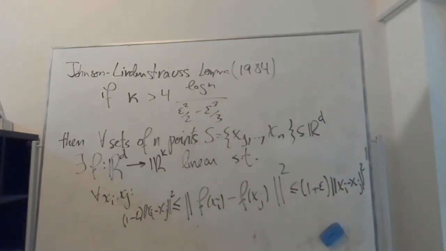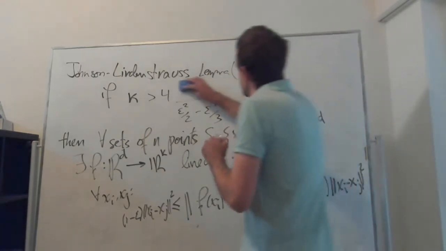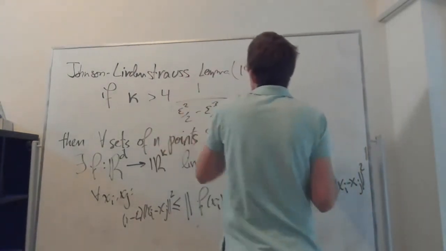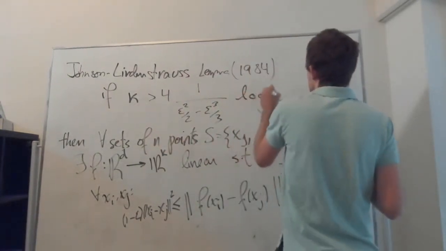So you don't necessarily have a real isometry. Maybe I should move log n over here just so that it's more clear. This is log n times some constant.